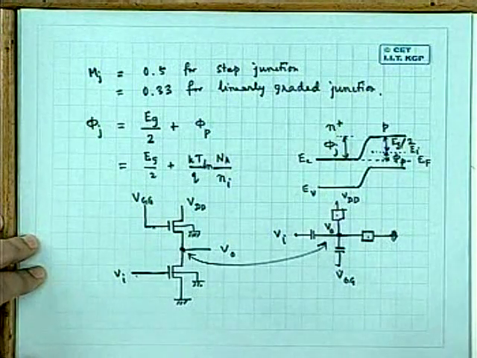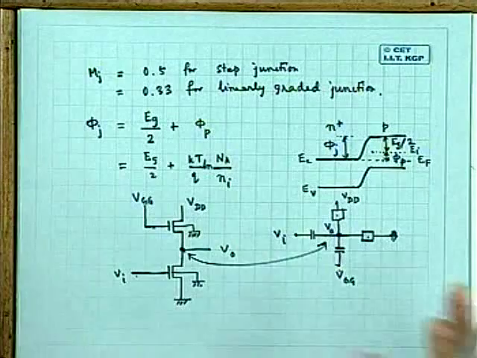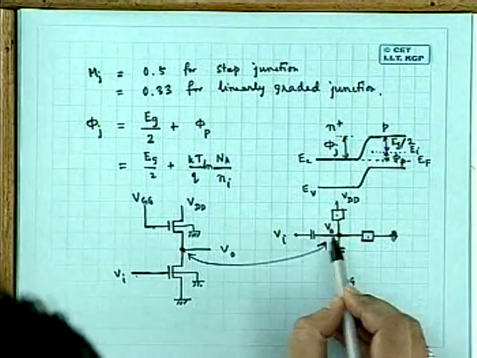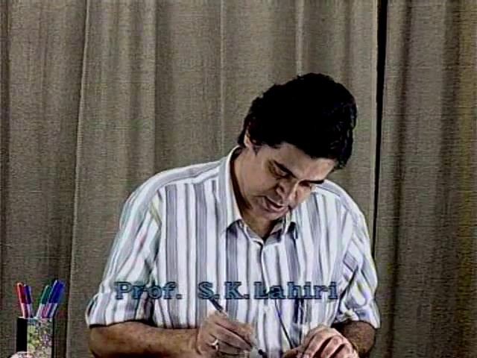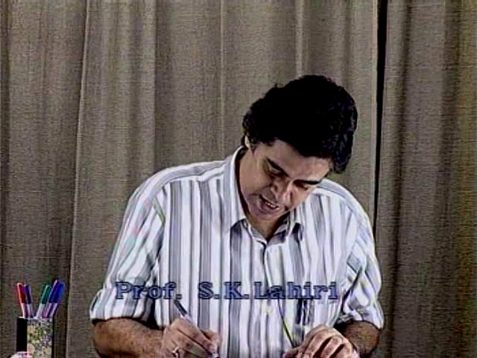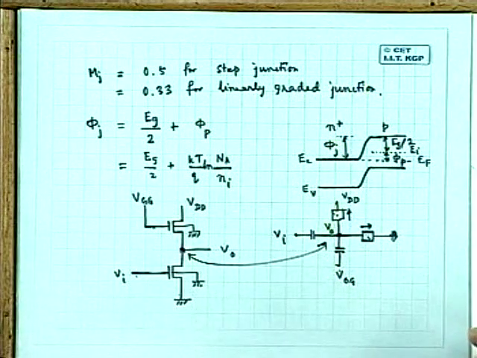If I now apply Kirchhoff's current law, which says that the sum of all the outward currents or inward currents from this particular node must be 0. These currents are expressed as the difference between the adjacent node voltages divided by the impedance. So far as these two devices are concerned, the currents can be calculated from the model equations which I have already derived, which relate ID to VDS and VGS for the different regions.